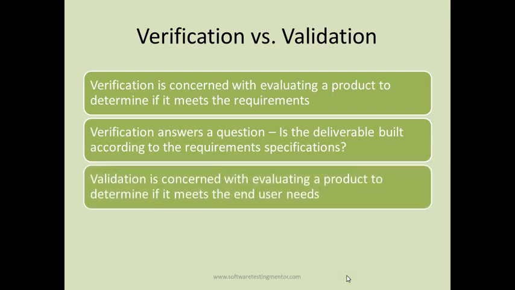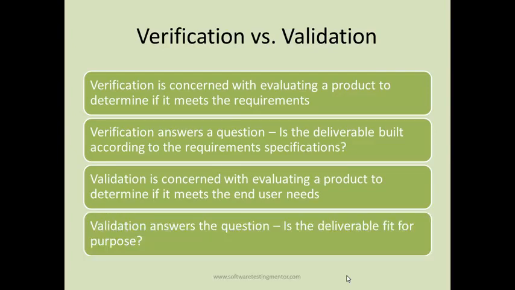Validation, on the other hand, is concerned with evaluating a product to determine if it meets the end user requirements or end user needs. Okay. So there might be some requirement which is not correctly captured and the software is built as per the requirement. So verification won't be able to find those kind of defects. So validation is concerned with evaluating the product as per end user needs.